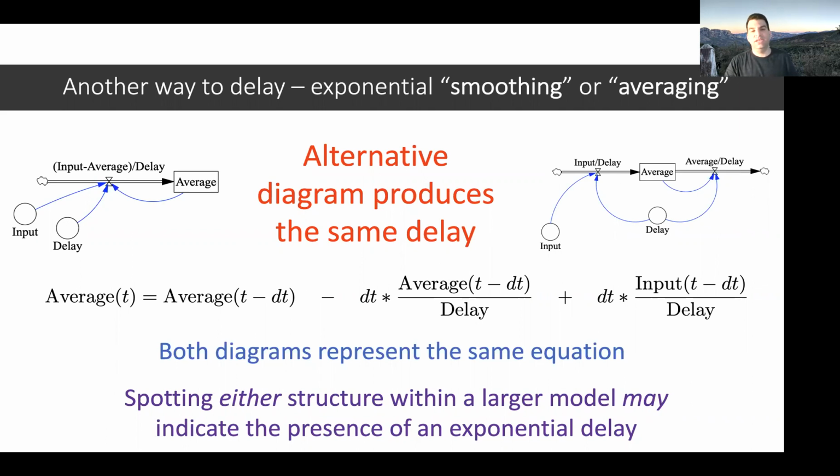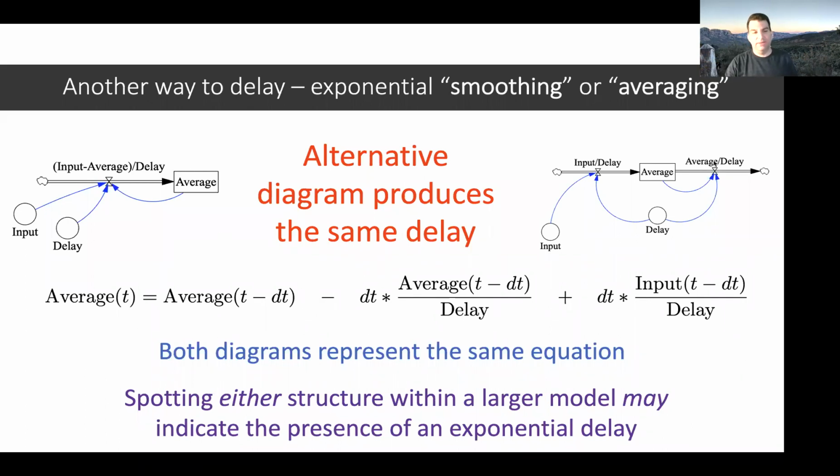And the input here is like a birth process, where bacteria are being somehow injected into the system with some rate limiter, which happens to be the same delay, which is kind of the average lifetime here. So all we're doing here is breaking this up so that we put the input and average as separate flows.